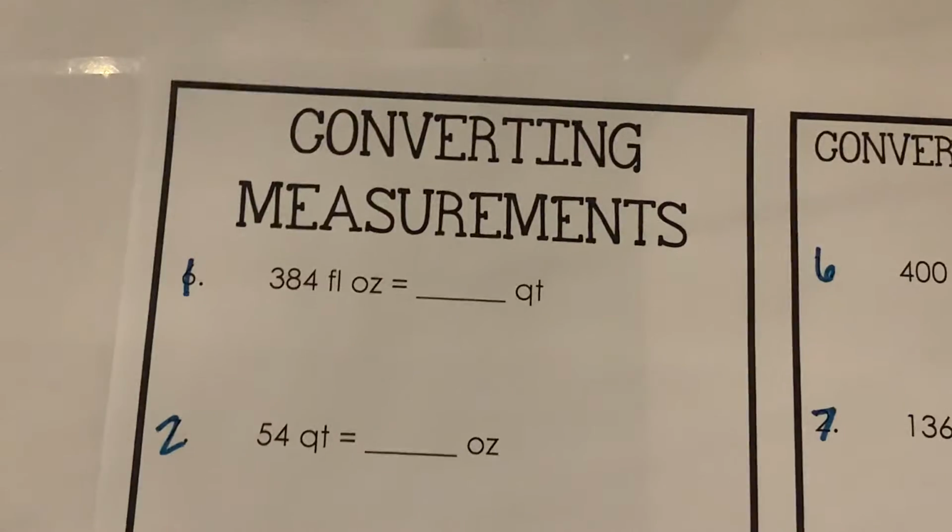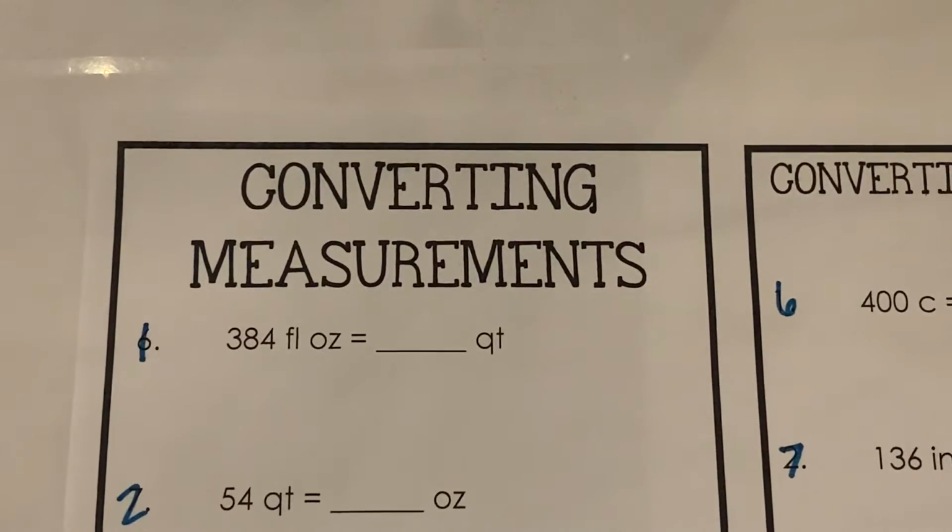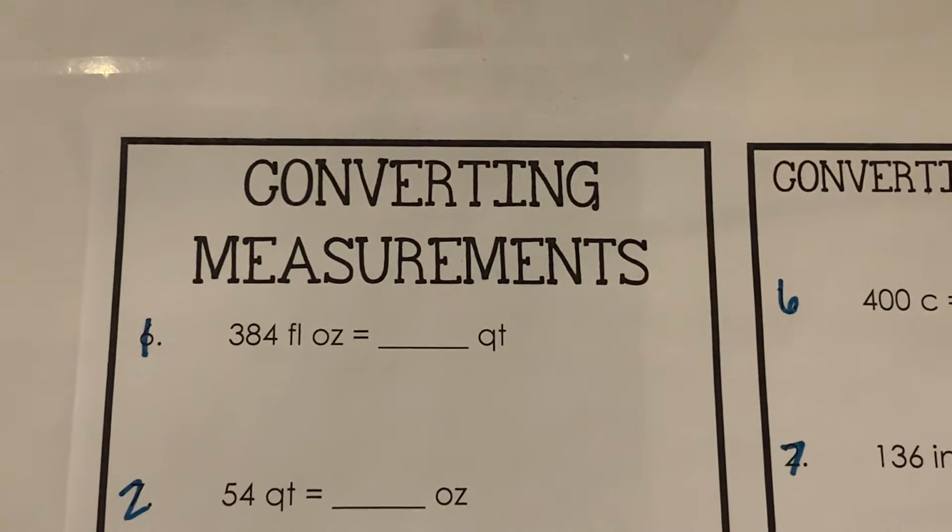Okay. So when we look at converting measurements, there's a really easy way to do this. We're going to make a chart. So go to your converting measurements. Anytime you're converting two things, the easiest way to do that is to make a chart. So we're going to make a little window chart.